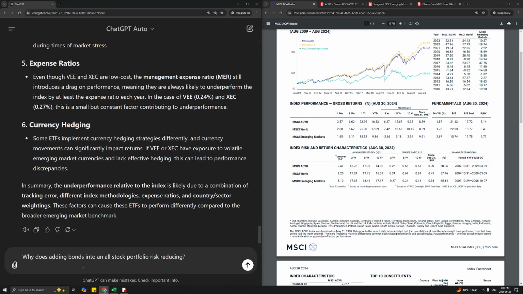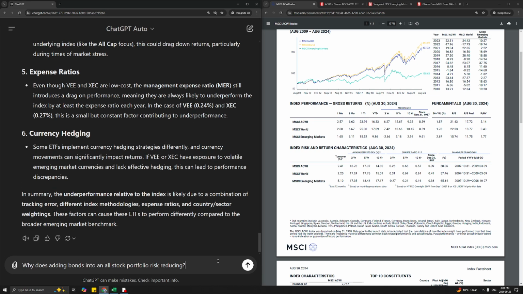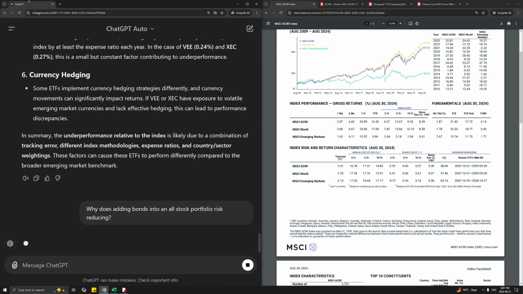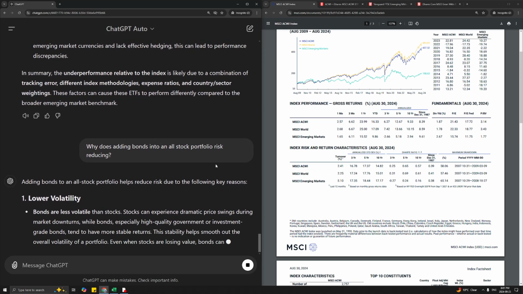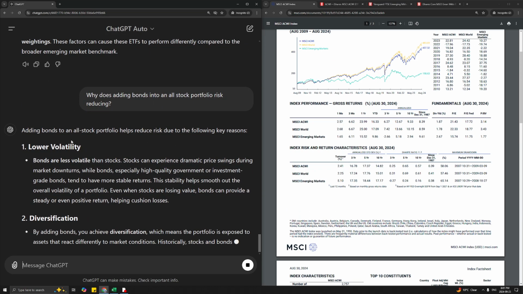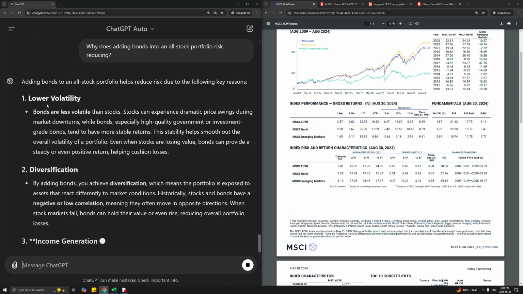I mean, ChatGPT is going to answer it, right? Adding bonds to an all stock portfolio helps reduce risk for a couple of reasons. Lower volatility: bonds are less volatile, so basically the standard deviation of bond prices is lower.